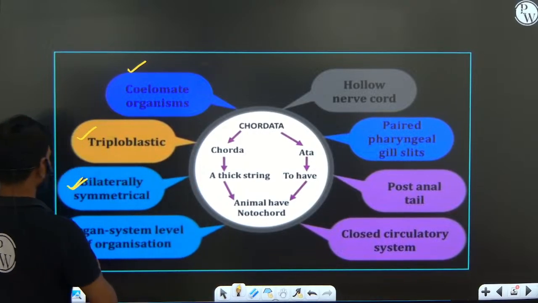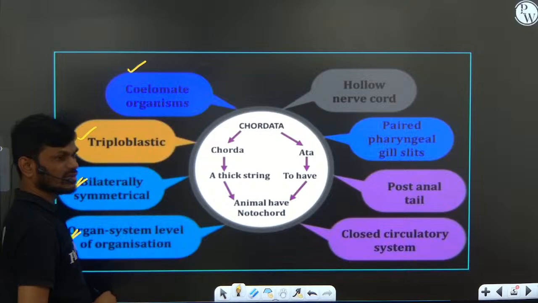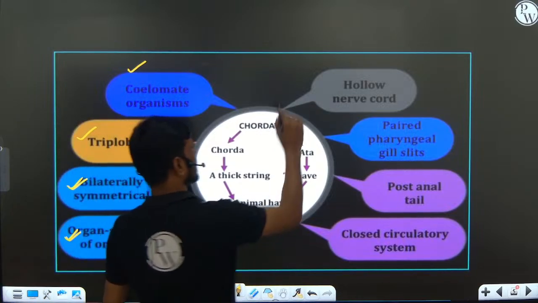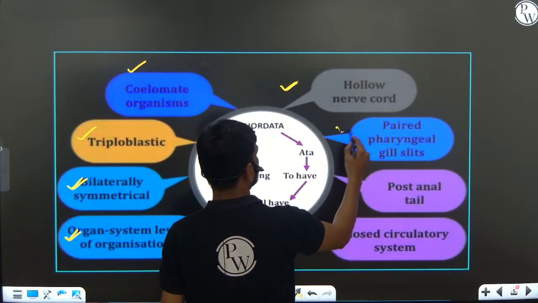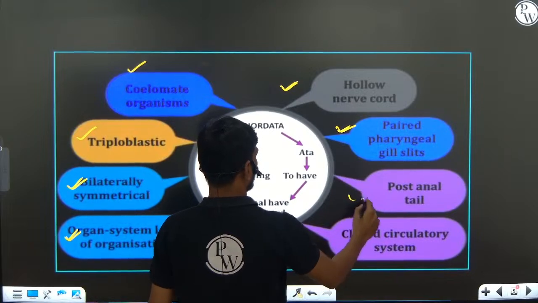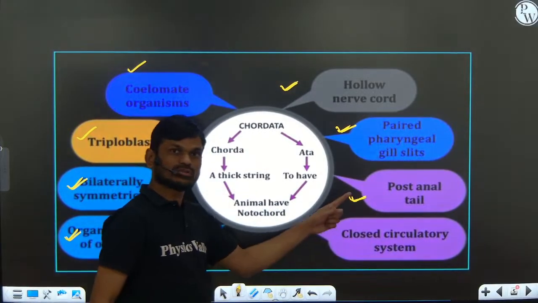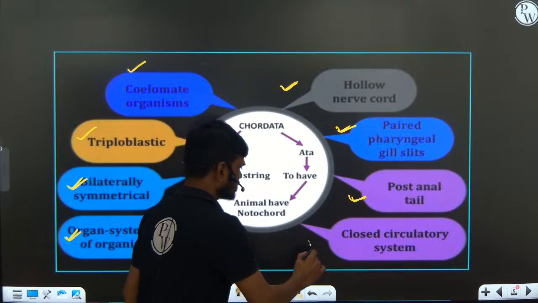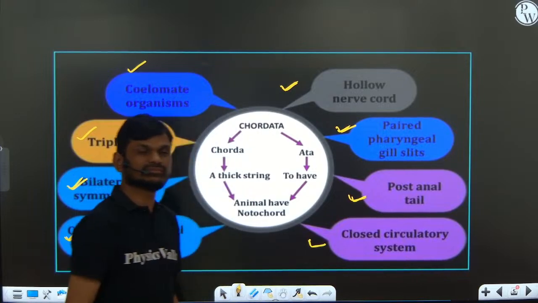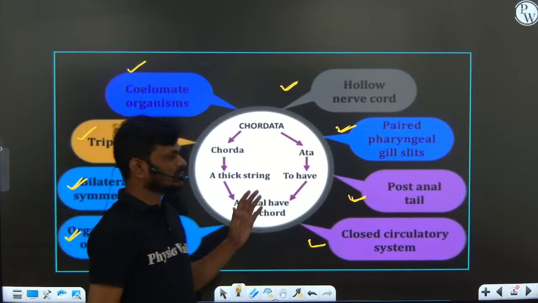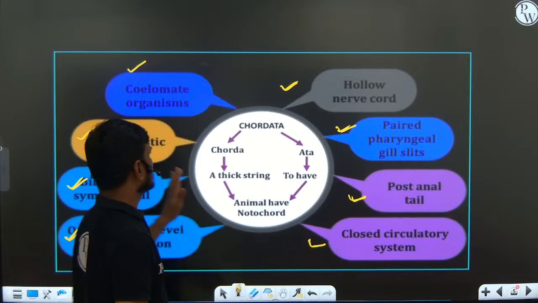They have organ system level of organization, hollow nerve cord, pharyngeal gill slits, post anal tail, and a closed type circulatory system. So these are some other characters that belong to phylum Chordata.